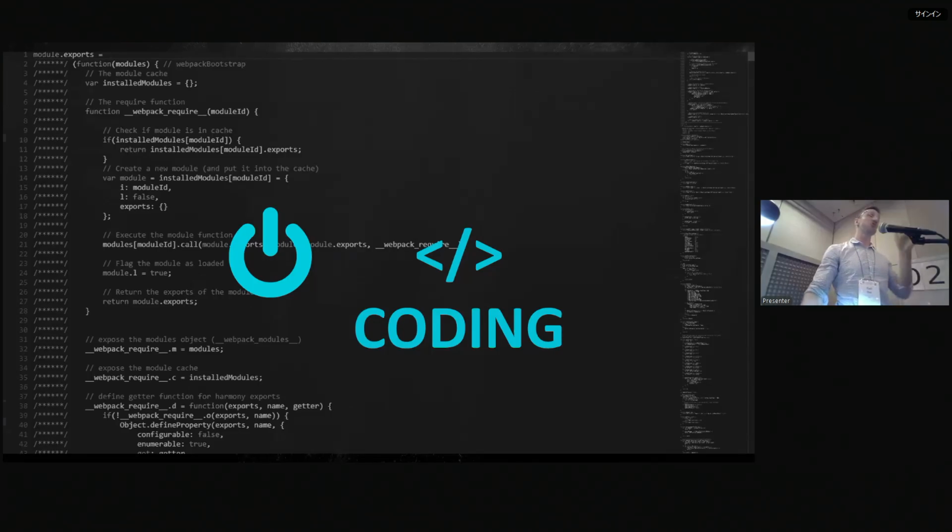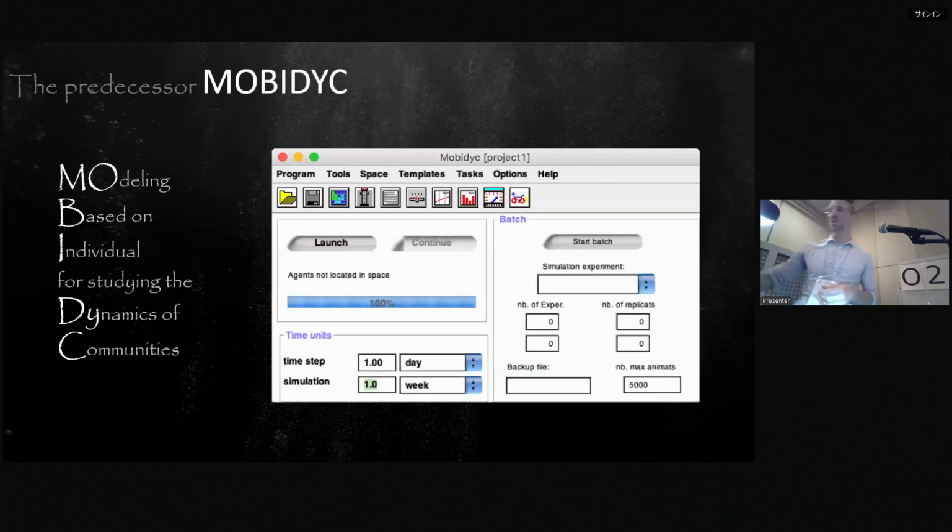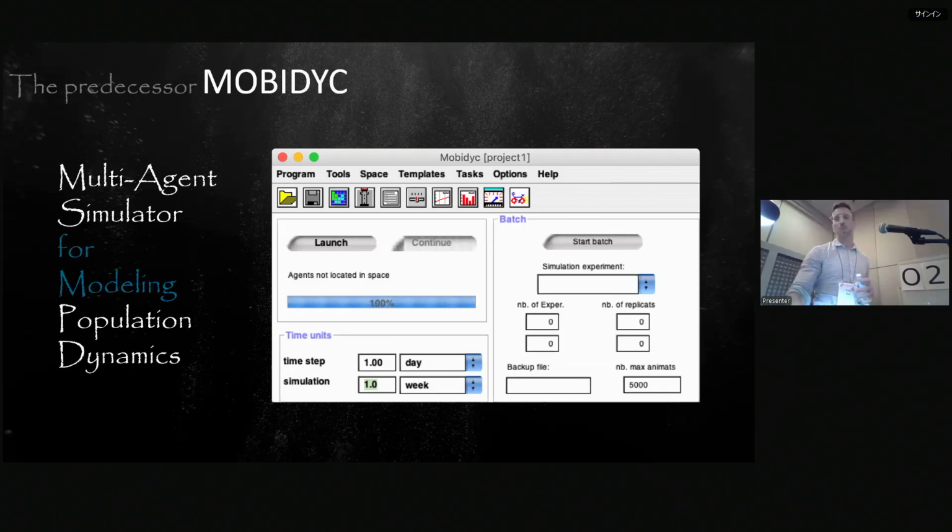Fortunately, I was introduced to another platform called Mobidyc. Mobidyc stands for Modeling Based on Individual for Studying the Dynamics of Communities. It's a multi-agent simulator for modeling population dynamics.